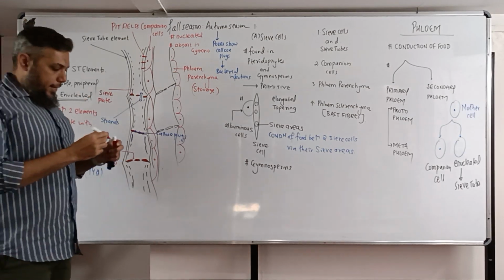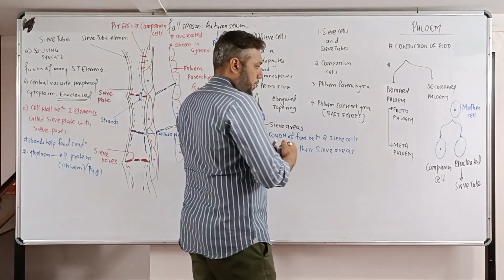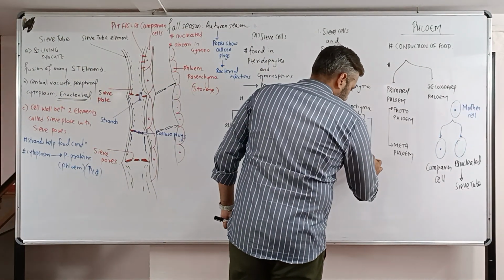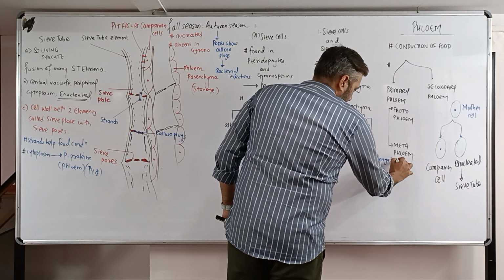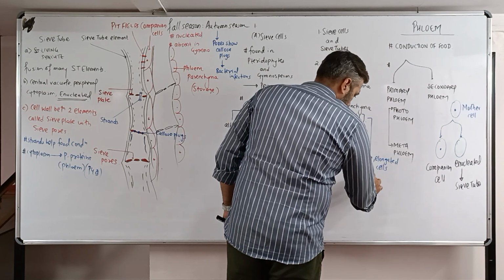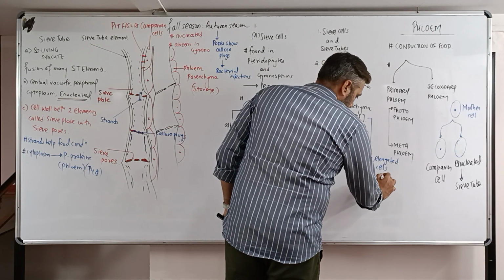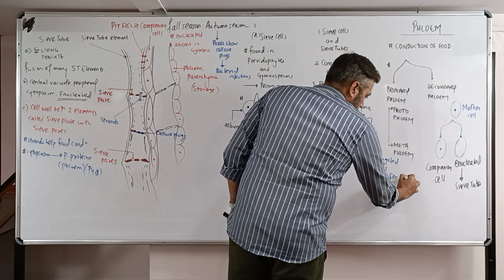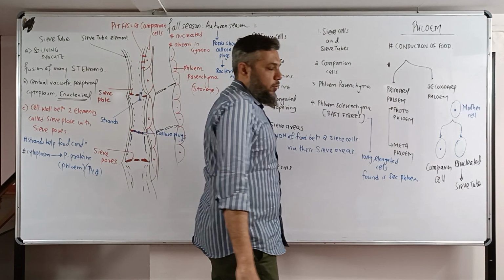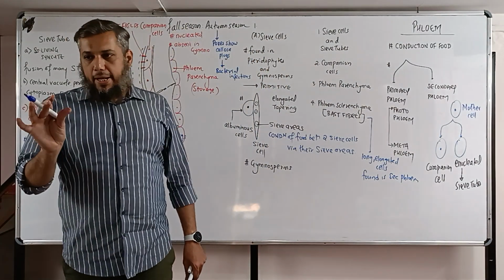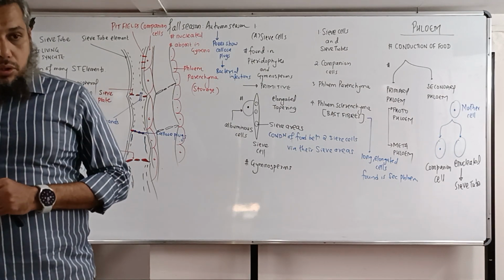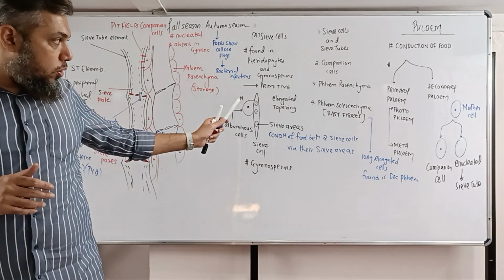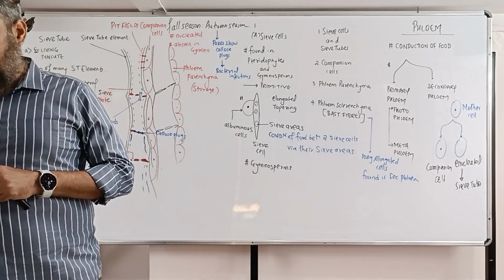The phloem sclerenchyma. These are long and elongated cells. They are found in the secondary phloem, not in the primary phloem. So the diagram in the NCERT does not show the presence of phloem sclerenchyma.